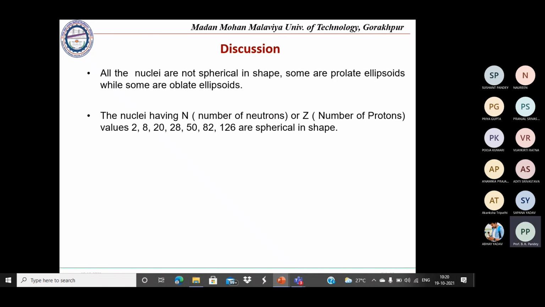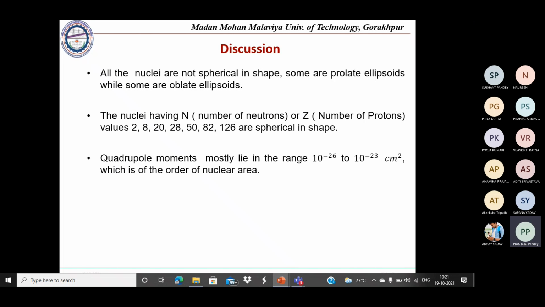This actually also depends on how many nucleons are inside and their number; on that basis it was observed that some are strictly spherical and some deviate from spherical shape. The quadrupole moment mostly lies in the range of 10⁻²⁶ to 10⁻²³ centimeter square, which is of the order of the nuclear area.